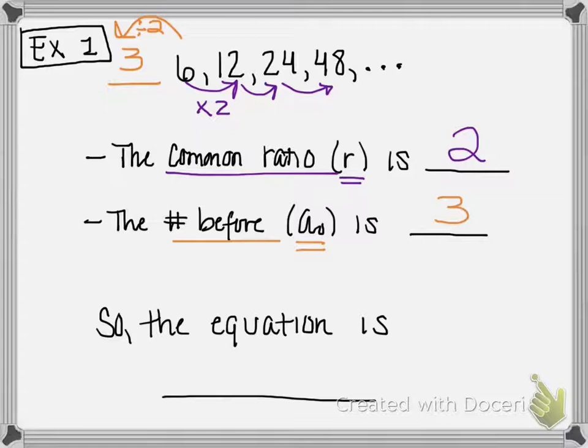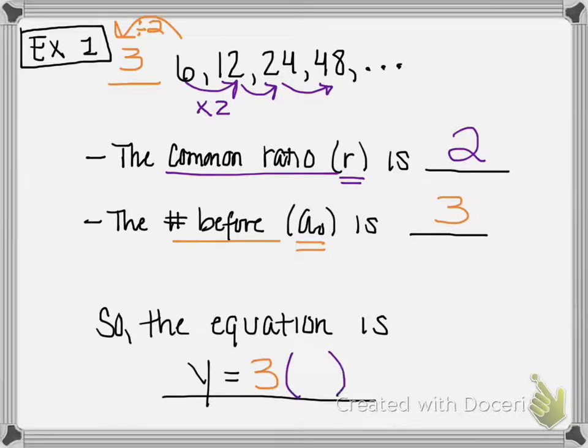And then finally, we want to put it all together. I think I put it at the top of your paper: the equation is y equals a sub 0 r to the x. So in this case, y equals my a sub 0, which is the number 3. And then my r is always going to go inside of parentheses.